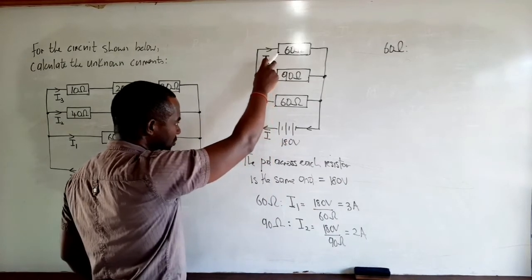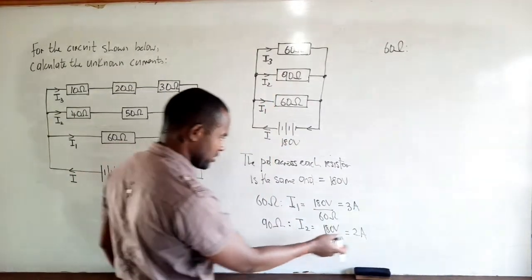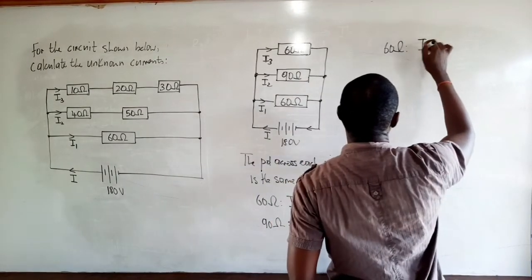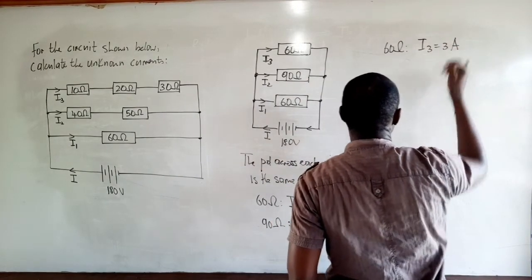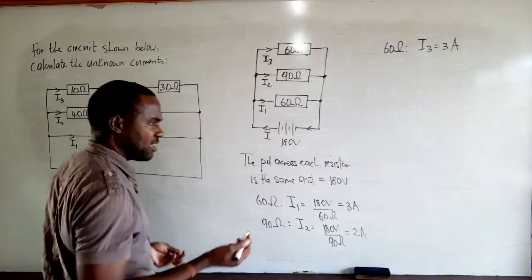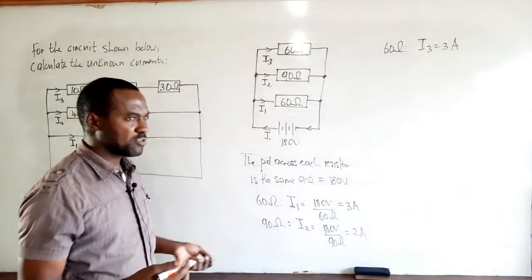So therefore, I3 is equal to I1, which is equal to 3 amperes. So I3 is equal to 3 amperes, right? So basically, if we have the same resistance and the same PD across them, then naturally the current flow must be the same, right?